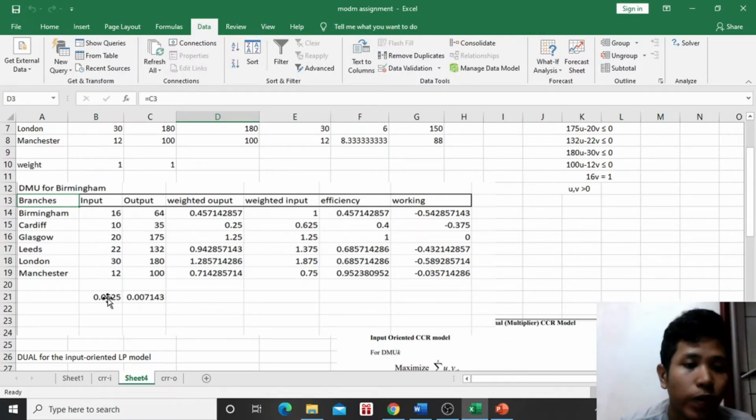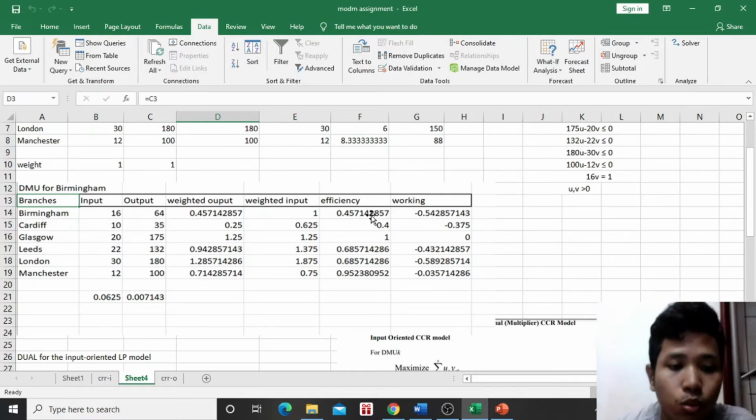Next are the weights for the input and output. Right here we have the weighted input and the weighted output. For Birmingham, the input is 0.0625 and the output is 0.074143. So that is 1 for Birmingham.